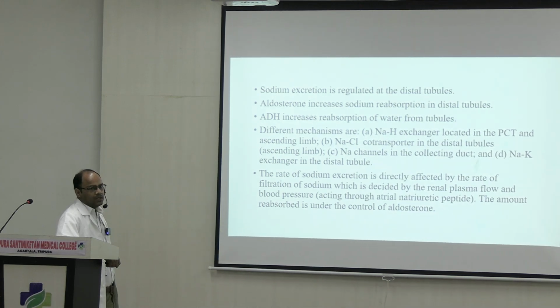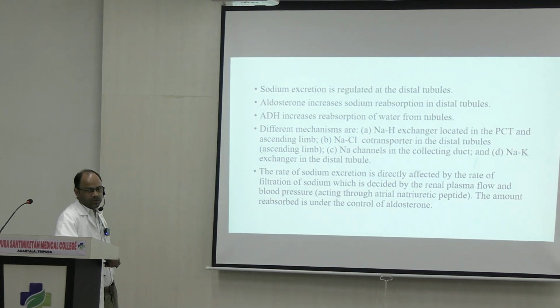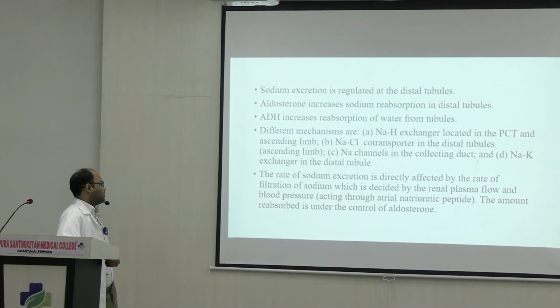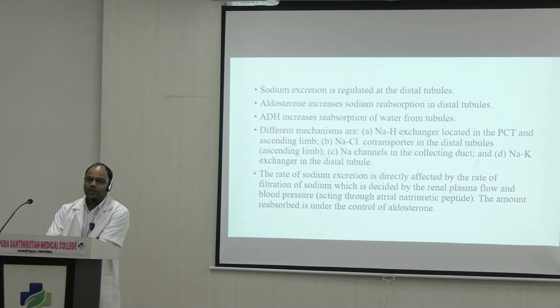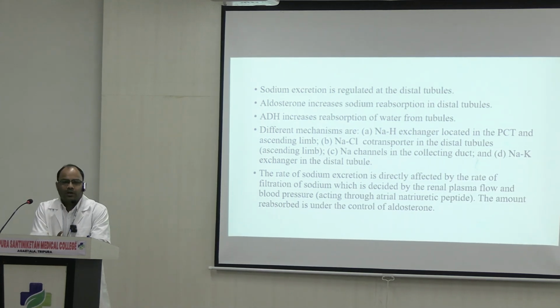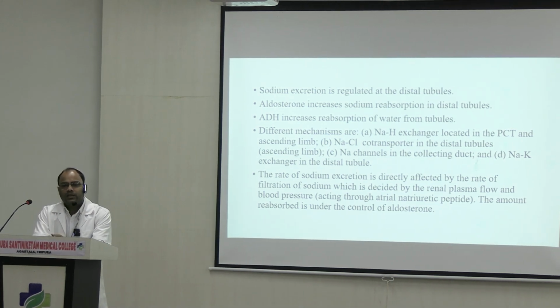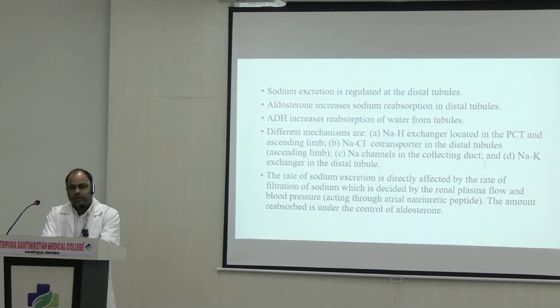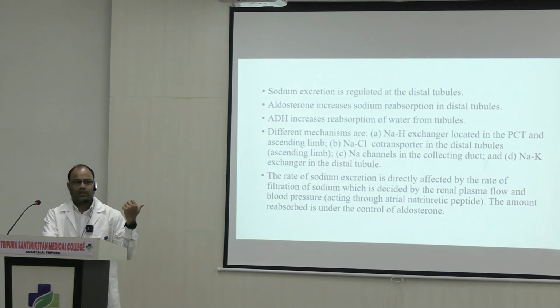If there is less GFR, there is less sodium absorption, and also blood pressure. This is mainly dependent on one very important system, called the RAAS system, the renin-angiotensin-aldosterone axis system. I am coming to it later, just concentrate here.